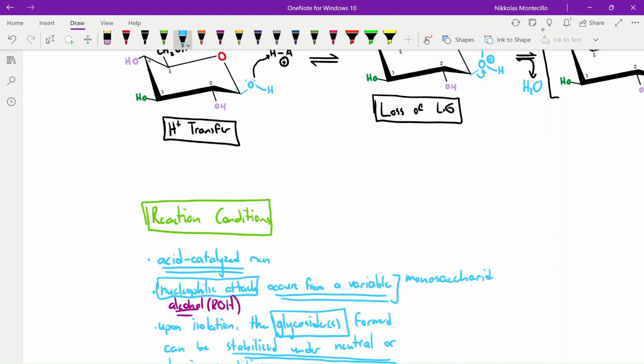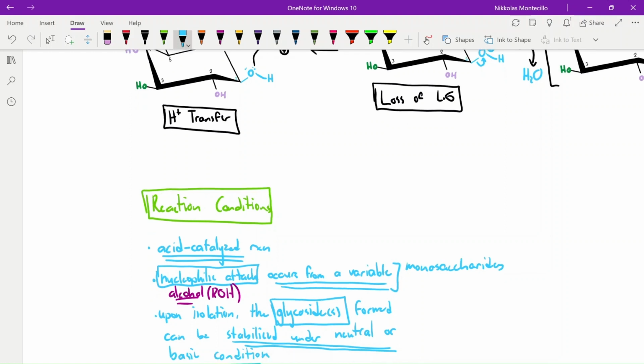Because, as we remember before, monosaccharides are polyhydroxylated ketones or aldehydes. But the key word in that description of a monosaccharide is polyhydroxylated. Right. Now, upon isolation, the glycosides formed can be stabilized under neutral or basic conditions.